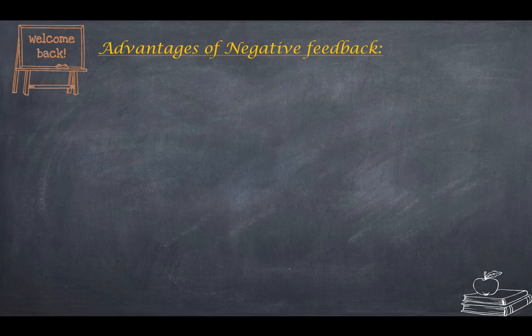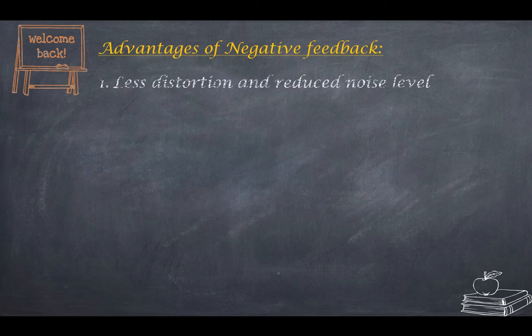The advantages of negative feedback are, you can see whatever the disadvantages of positive feedback were, they all have turned into advantages. The noise level is less and hence distortion also reduces. Why is the noise level less?